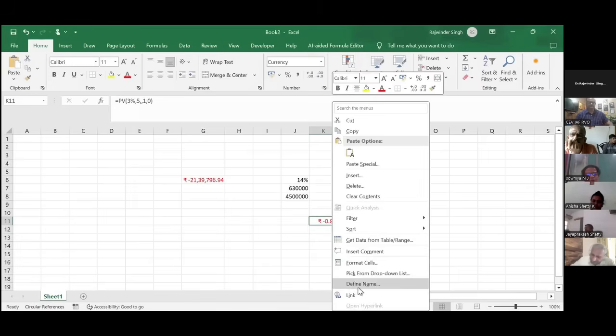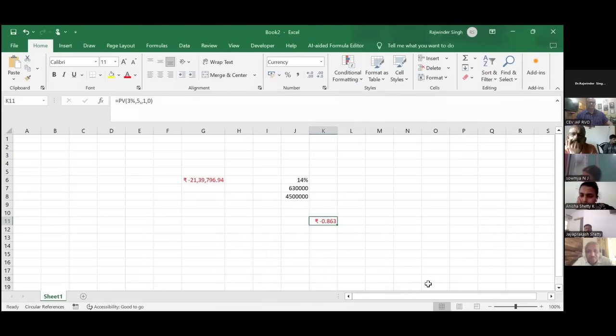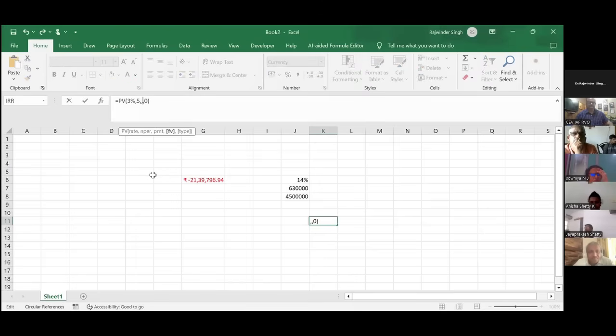Or you can have more decimals, it is 0.86. Either you can do that, or you can simply put 50,000 instead of rupees 1. It will calculate.